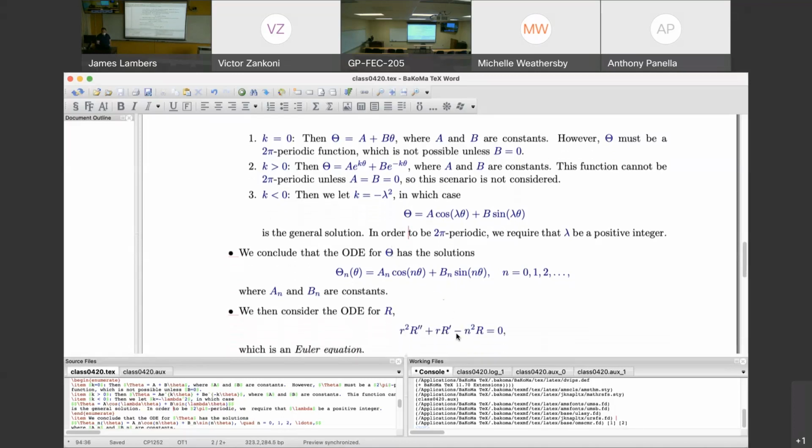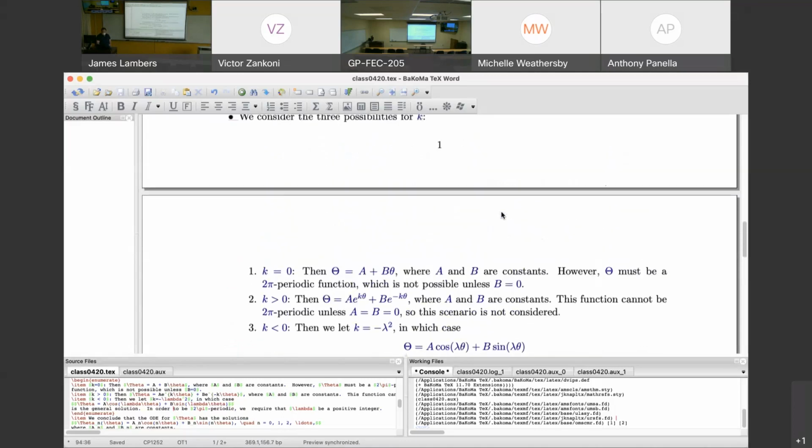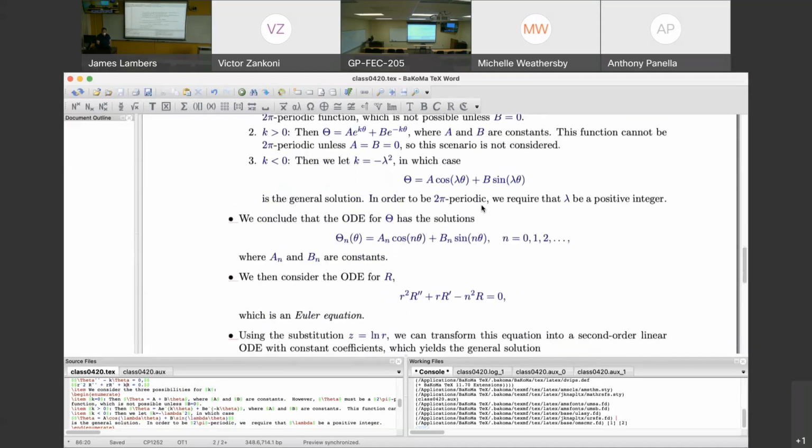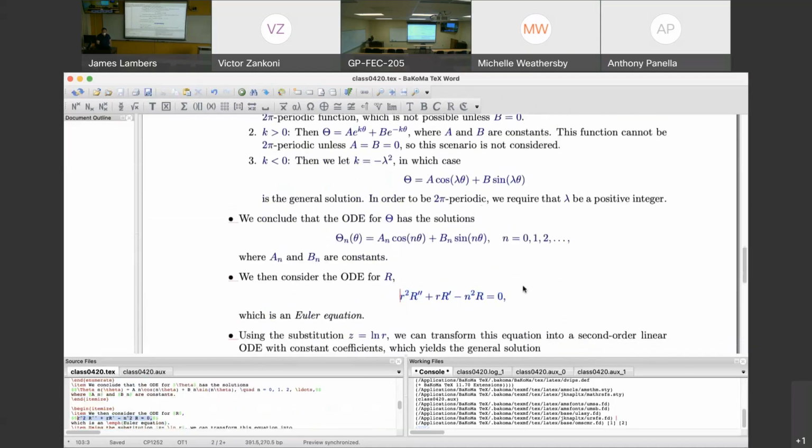So now we move to the other ODE, one for capital R. And I filled in here, well, actually, the previous ODE for capital R is right here. But I fill in k equal to minus n squared right here. And this is what we get, where n is allowed to be any non-negative integer.